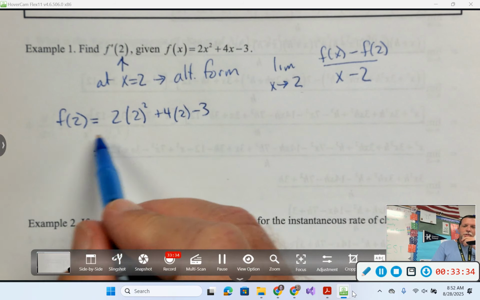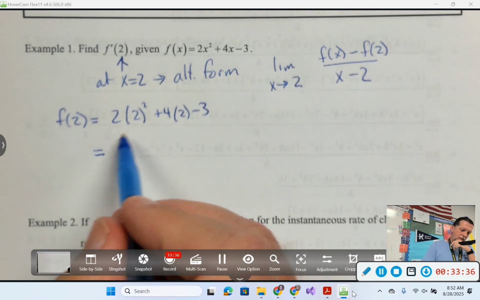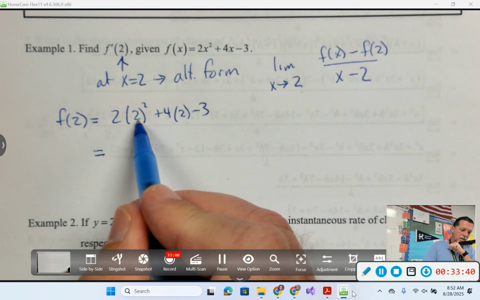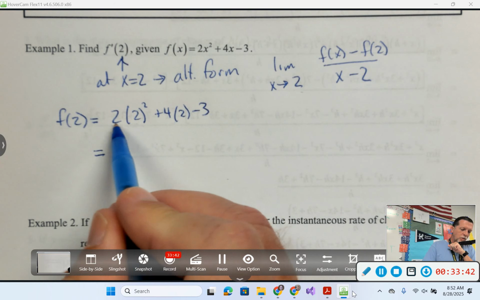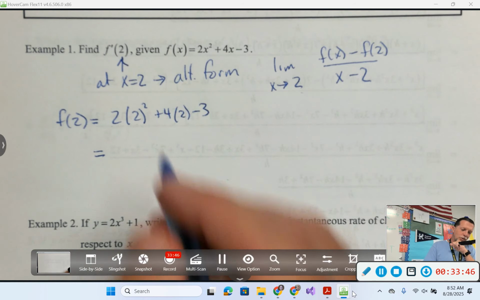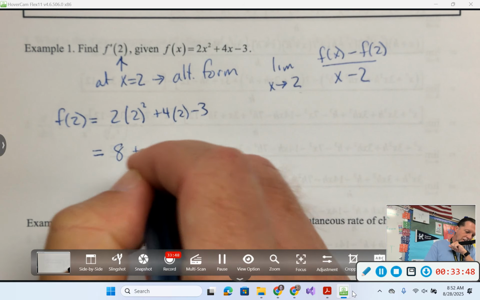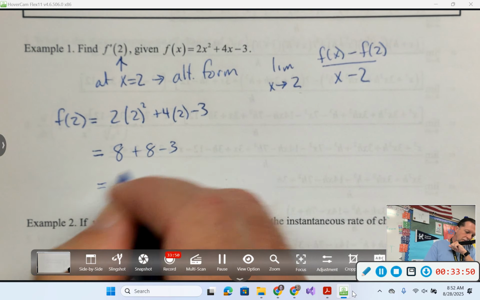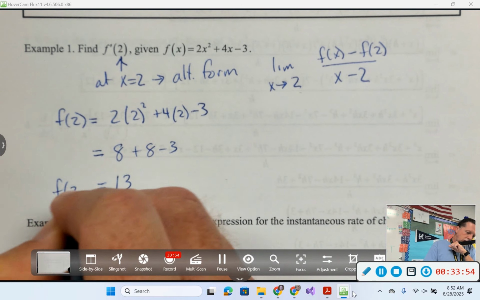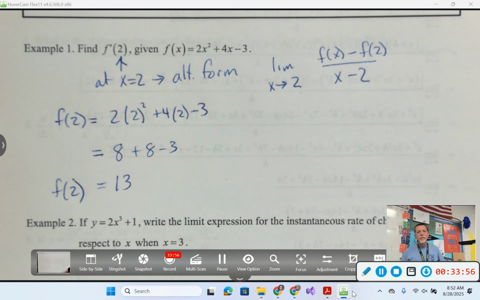Oh, my poor Algebra 2 students. Order of operations, it's not a problem for you guys, I hope. 2 times 2 is 4, or 2 squared is 4? Which would you like to do first? Good. 2 squared is 4, times 2 is 8. Nobody was going to mess that up in here. So f of 2 is 13.